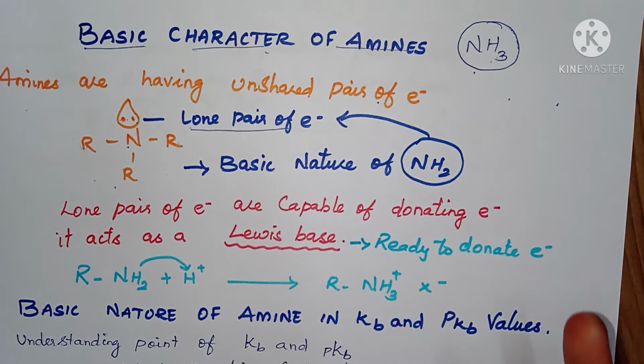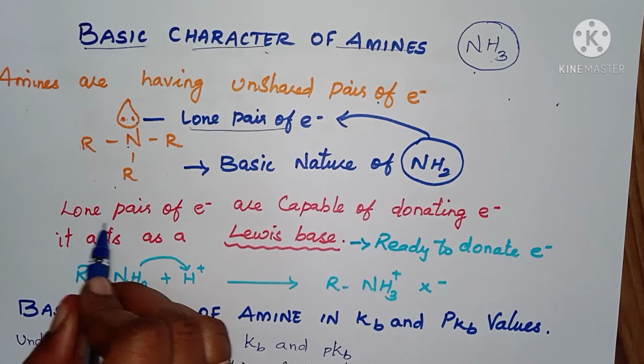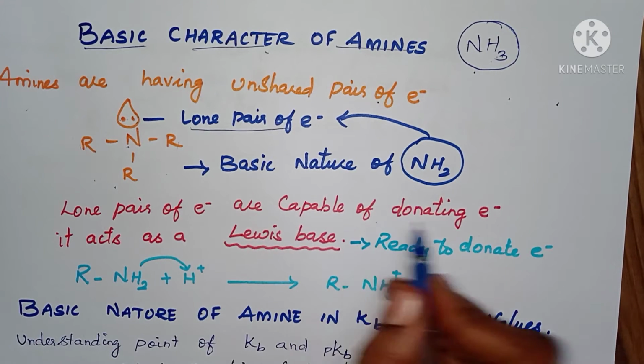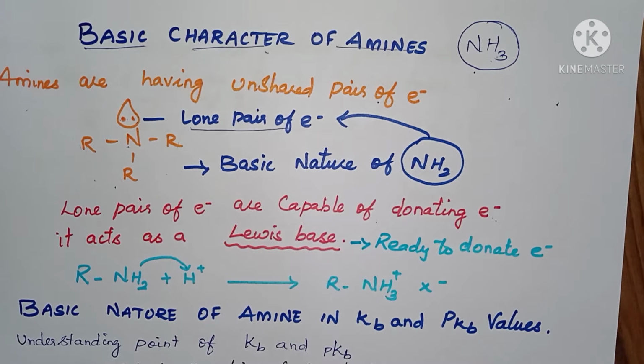A lone pair of electrons is a plus point for basic nature. Lone pair electrons are capable of donating electrons. Remember, whenever there is anything extra outside the orbital, it is ready to donate electrons.